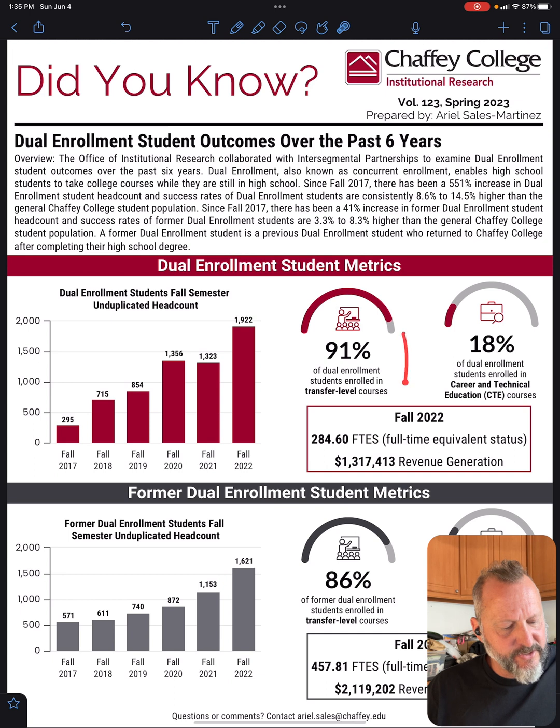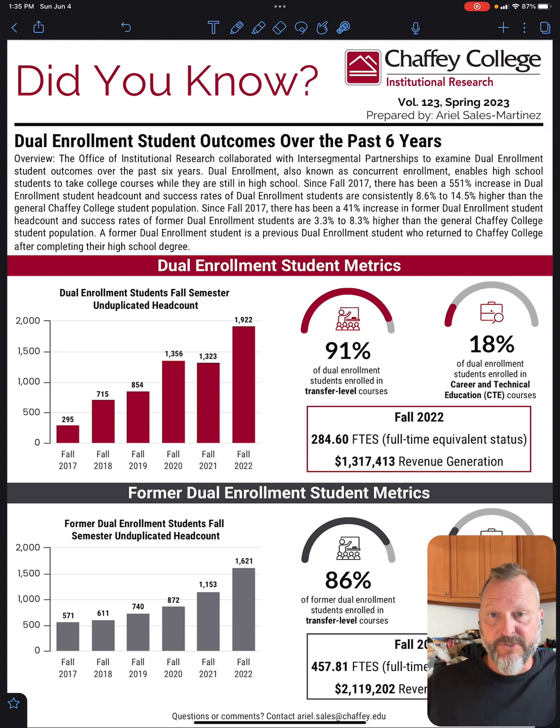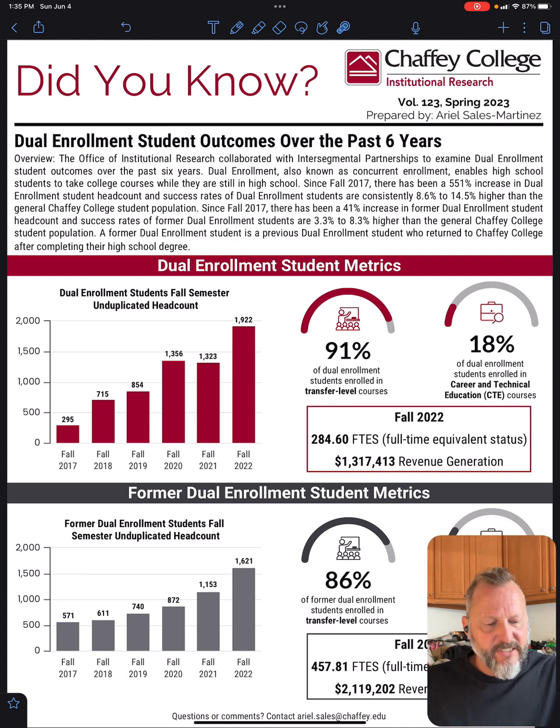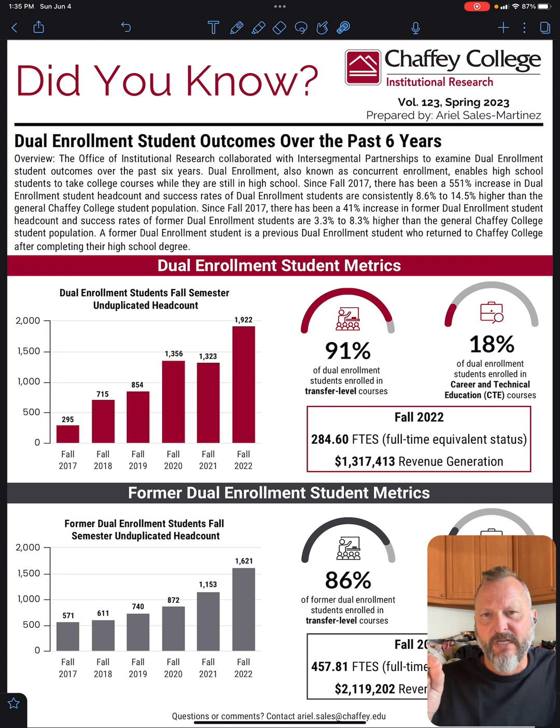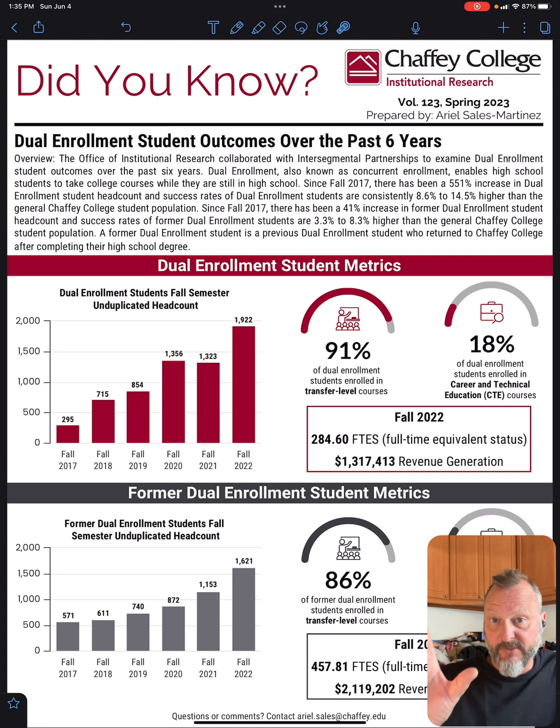Dual enrollment students. So dual enrollment students, I will highlight this. These are high school students, which could be many of you right now, who are in high school but enrolled at Chaffey College. We call that dual enrollment. And it's just looking at the stats of it. FTES is full-time equivalent. So it's like if you're taking one class, but if you have 4 of you taking one class, that's like a full-time student.